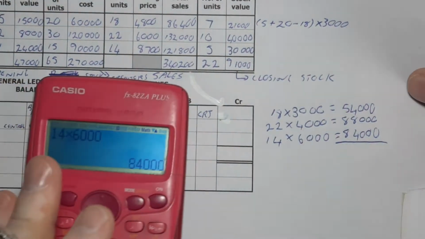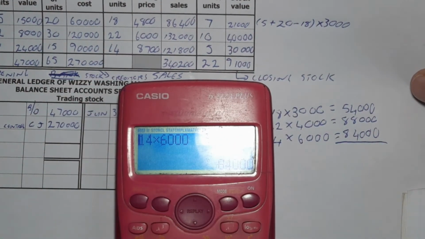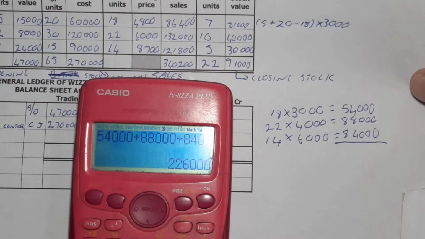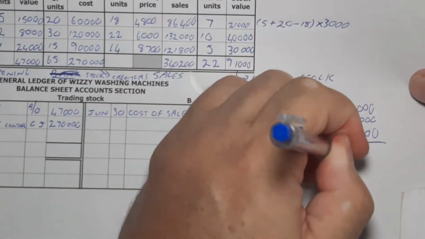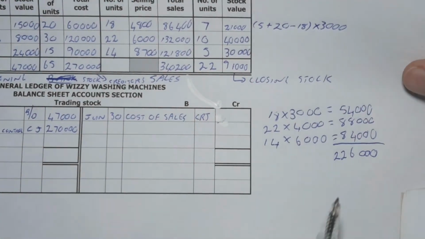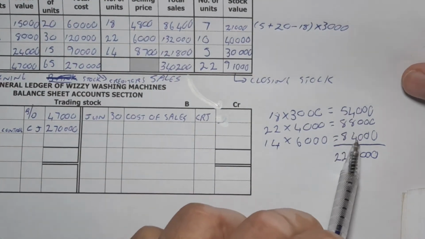Add up all three. So it's the 54,000 plus 88,000 plus 84,000, which gives us 226,000 Rand. This is the cost of sales for the month.